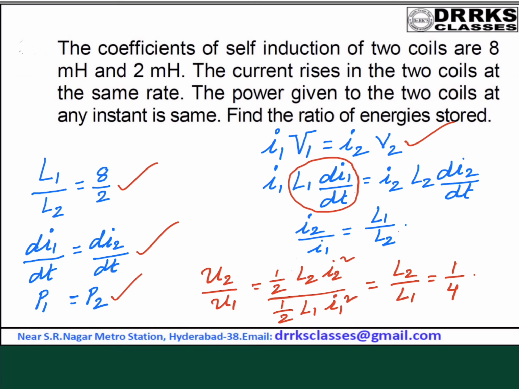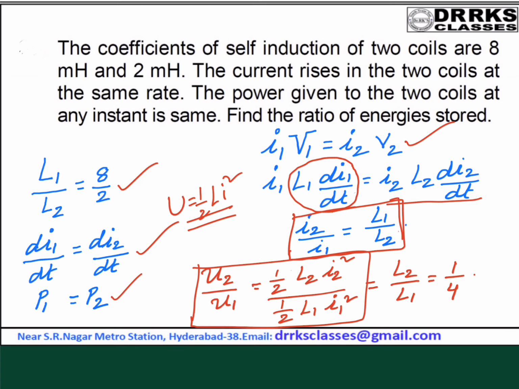It is equal to I2 L2 di2 by dt. So from this we'll get I2 by I1 is equal to L2 by L1. Then the energy stored, we know the energy formula is half L i square. Then apply this formula, you will get 1:4.